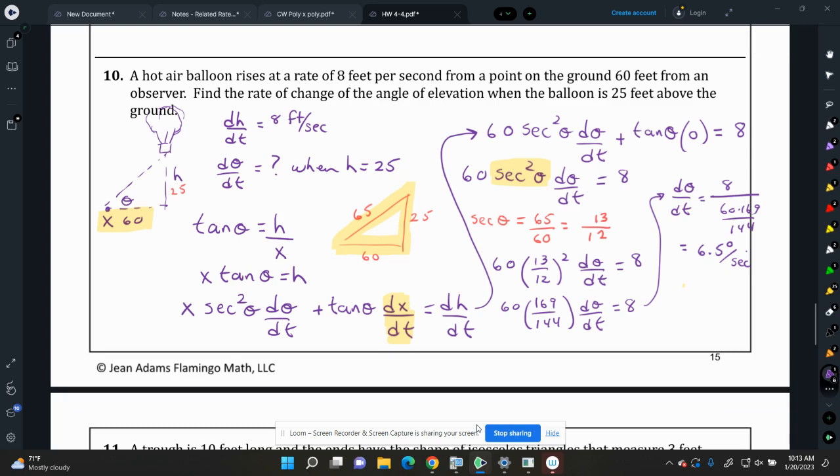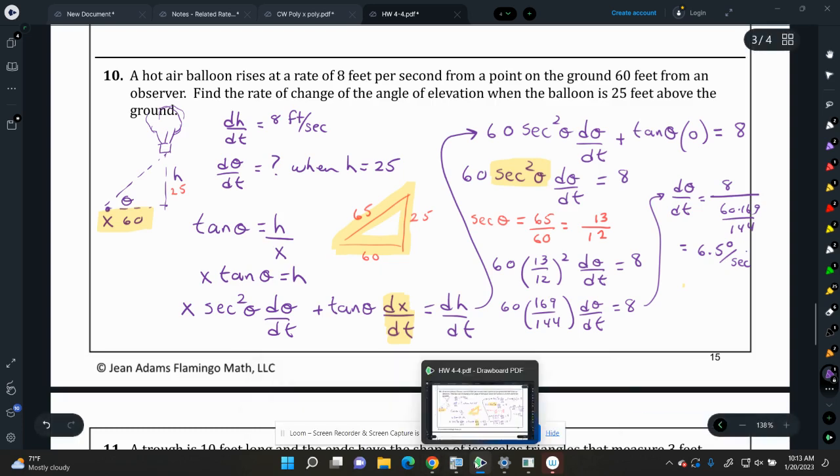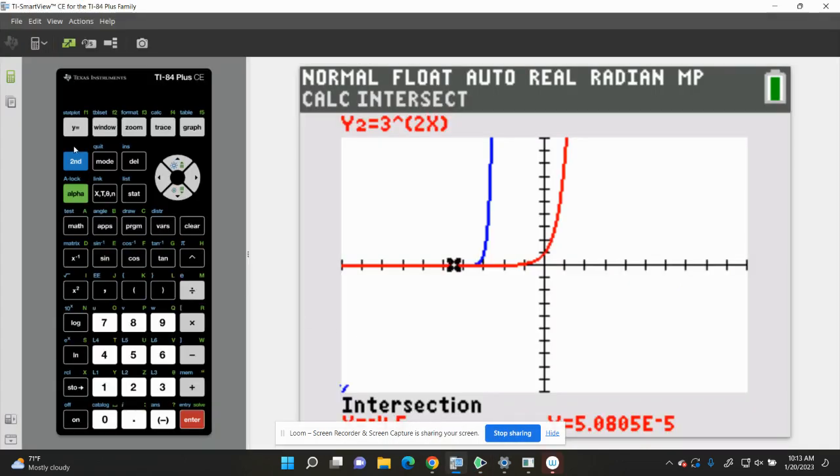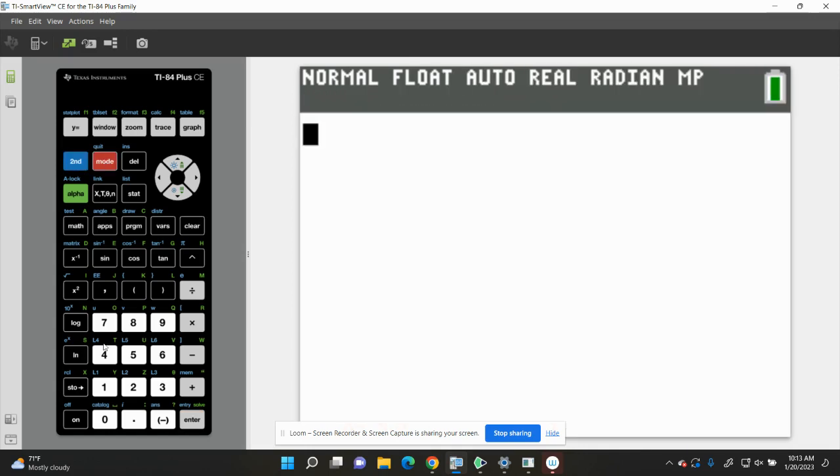Oh, use this calculator. 60 times 169 over 144, right?